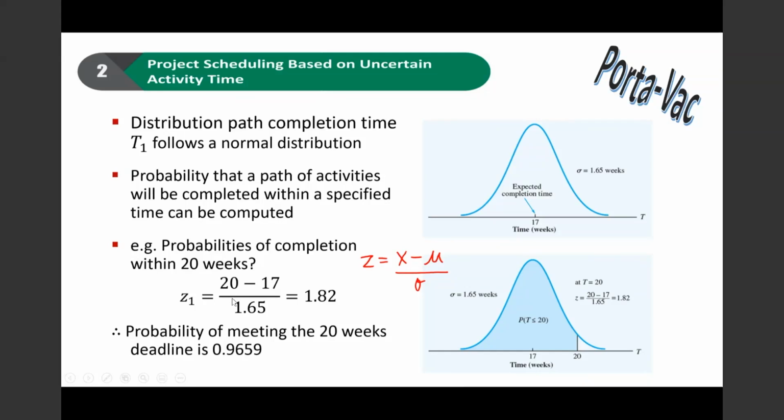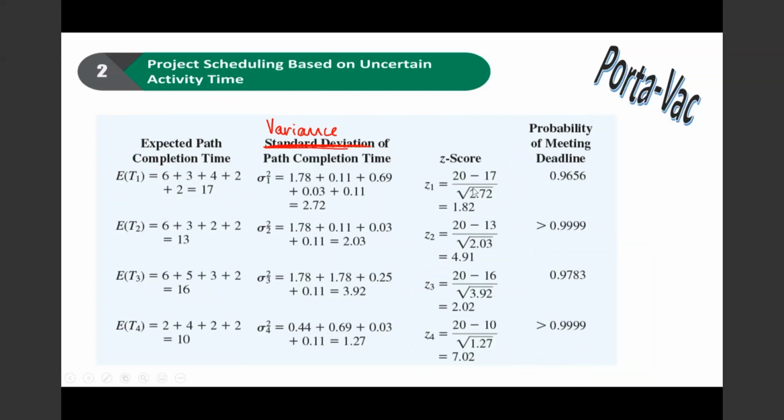So with that, you can also find out the Z scores for all the 4 different paths. And then from there, you can find out the probability of meeting a particular deadline set by the top management.